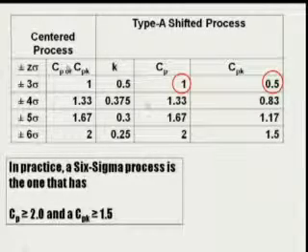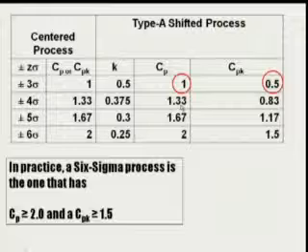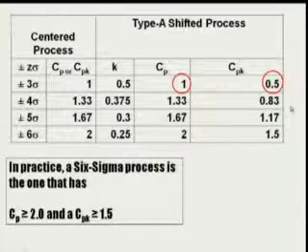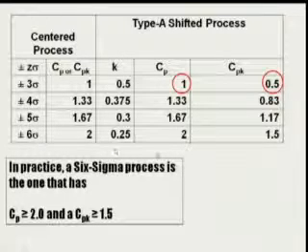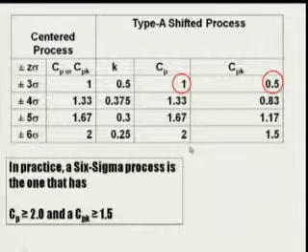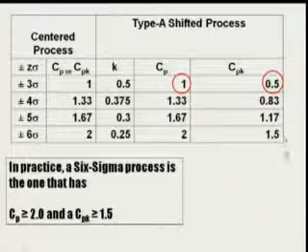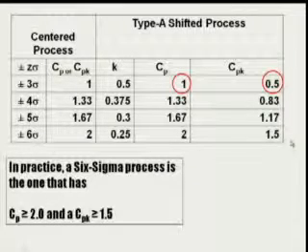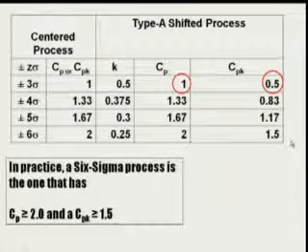Now notice here at 4 sigma, CP is 1.33, CPK is 0.83. At 6 sigma, on the other hand, that's a 6 sigma process, or a process that allows a shift to the right and left within 6 sigma specifications. We have a CP of 2, that is twice as much as the minimum requirement, and we have a CPK of 1.5, despite the shift.